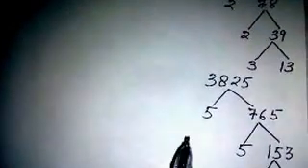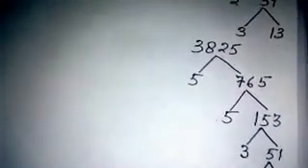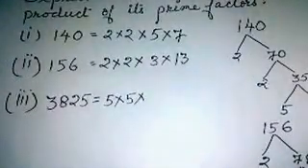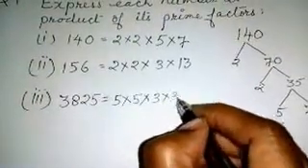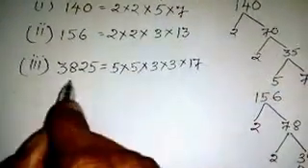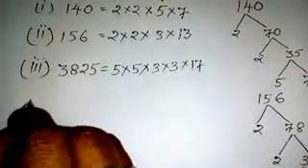You got 17. So 3825 is 5 into 5 into 3 into 3 into 17. These are the prime factors.